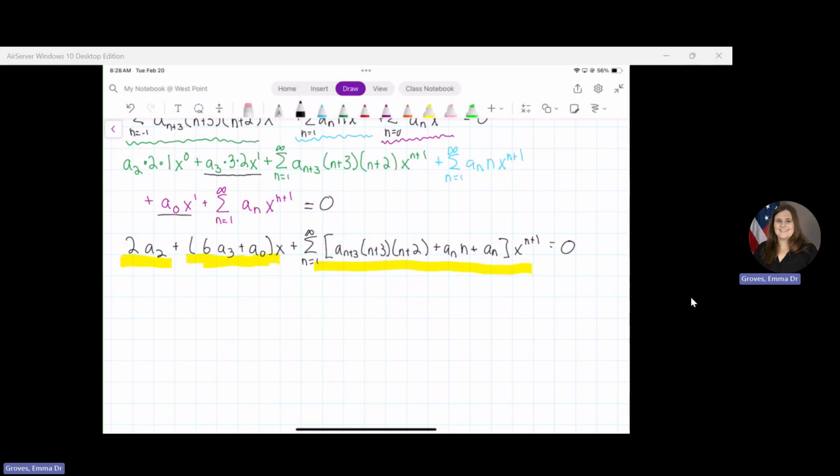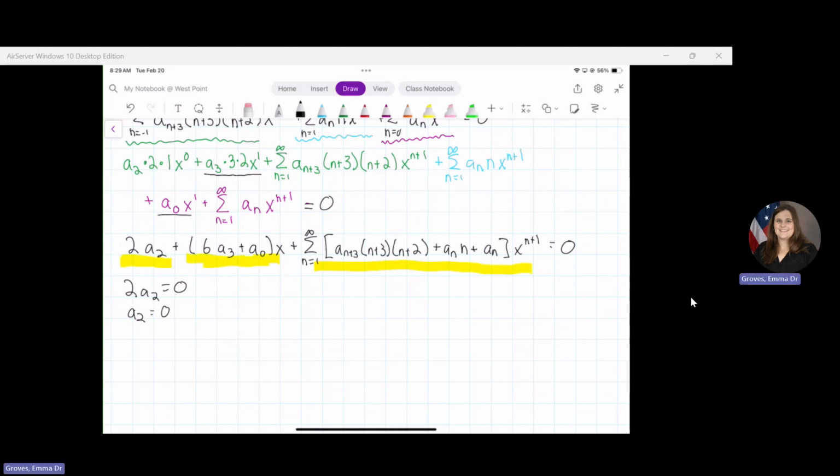If my constant term is 2a2, and this entire thing has to equal 0, what does 2a2 have to equal? 0, right? My constant term is 0, thus 2a2 has to also equal 0. So a2 is equal to 0.